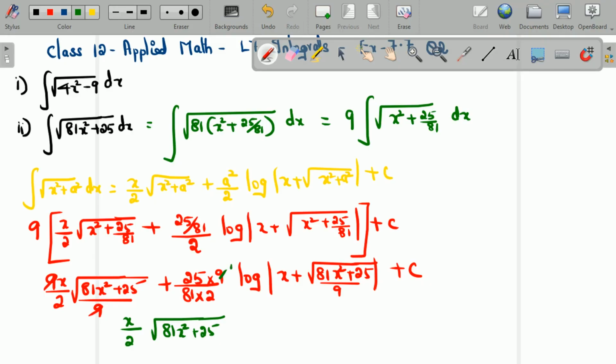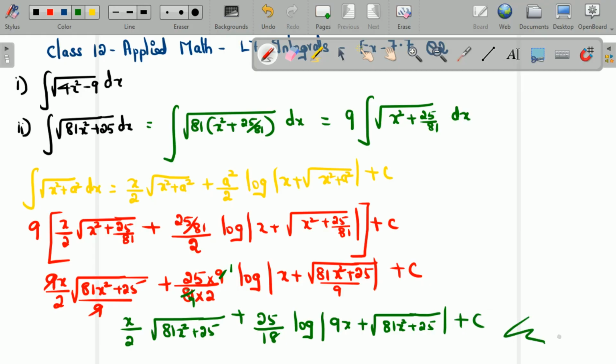Now here the 9 will get cancelled, so this will become plus 25 by 18, then log of, remember we take LCM here too, so this is 9x plus root of 81x squared plus 25 plus c. The by 9 is always going into the constant. So this is the final answer.